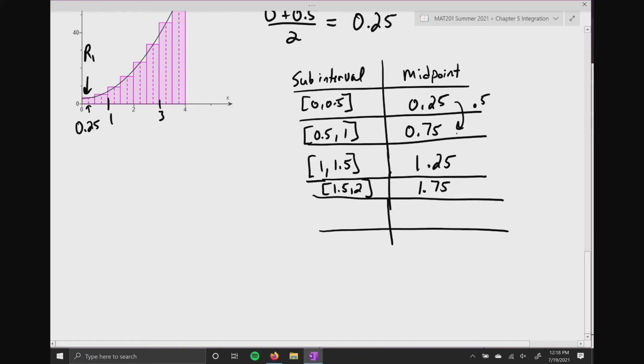The distance from 0.75 to 1.25 is 0.5 again, and so forth. For the next interval, if you take 1.75 and add 0.5 to it, you get 2.25. You just keep doing that until you get to the final interval. Now we've got 2.5 to 3.